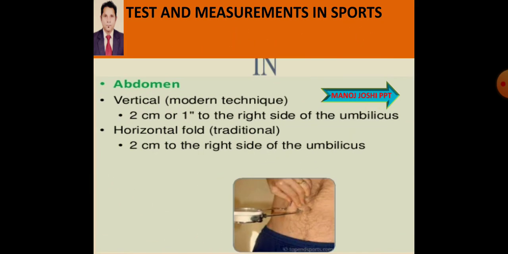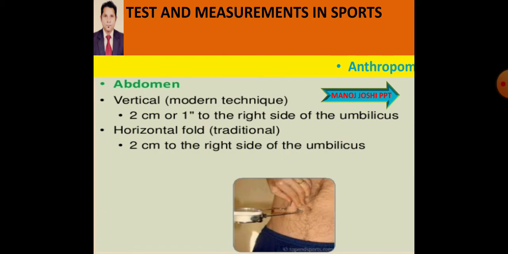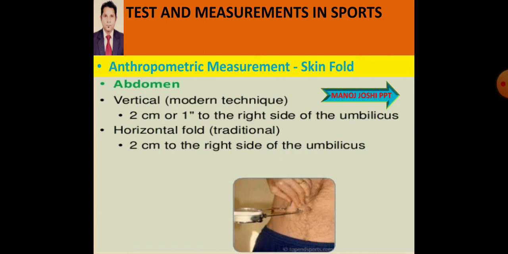Another one we will see, abdomen, skin fold at the side of the abdomen. Vertical it is, vertical modern technique, 2 centimeters to 1 inch to the right side of the umbilicus.